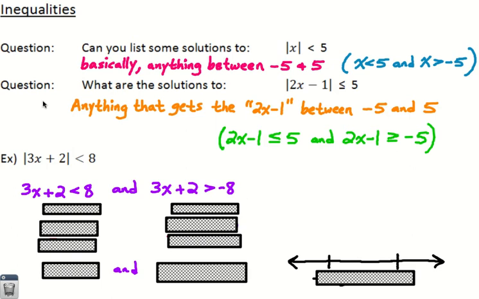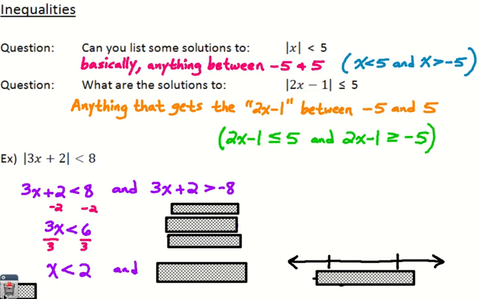And the word is going to be "and" for these less than problems. So for less thans, or less than or equal tos, the proper word to connect them is "and." And once you do the split, you can just solve each one separately, which I don't need to reteach. We've done this a million times.